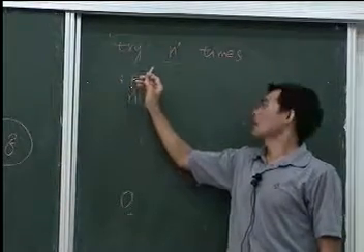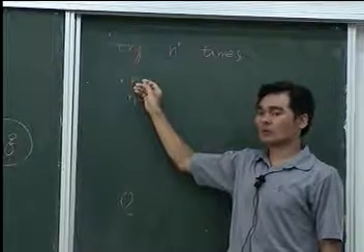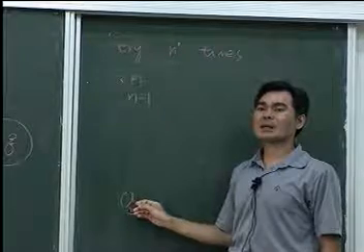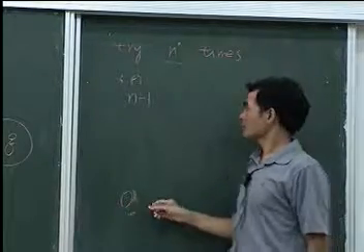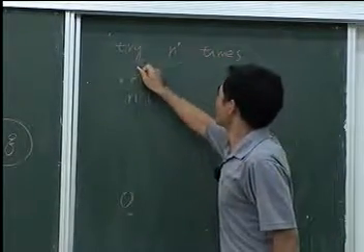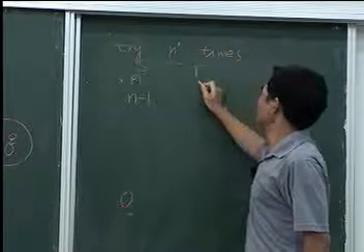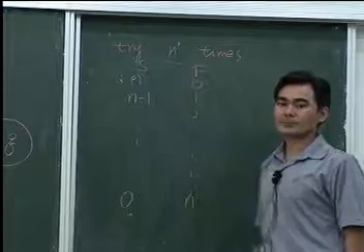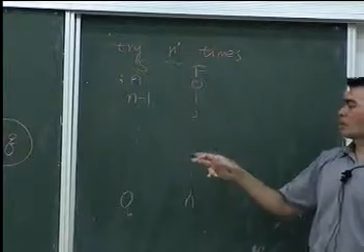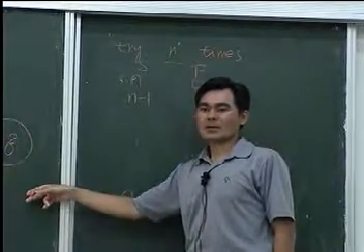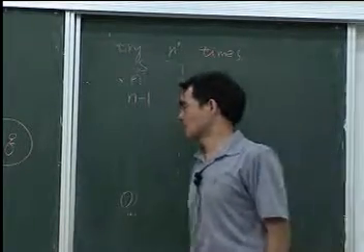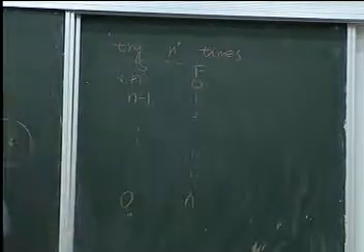If there is 0 success, that means there are n failures, right? So if this is success, then this should be failure, okay? And this is 1 time, 2 times, etc., okay? So for once, that's easy. For n times, we have to figure out what are the possibilities and probabilities there.